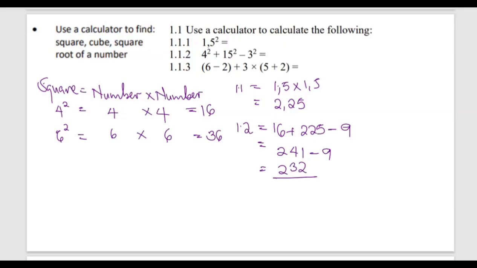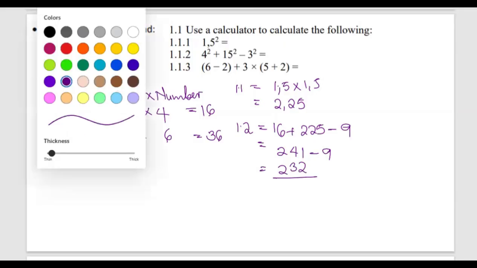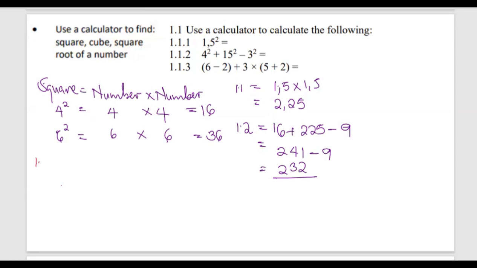Let's go to question number 1.3. 1.3, we're going to follow the BODMAS straight away. Yeah, even here we follow the BODMAS because we began by adding, then we subtracted. Okay, do we have brackets? Yes, the first bracket wants you to subtract 6 minus 2.